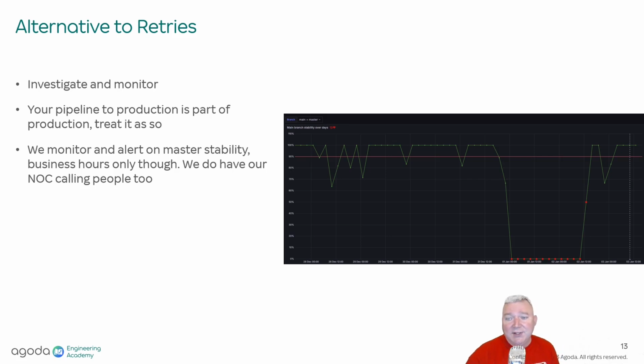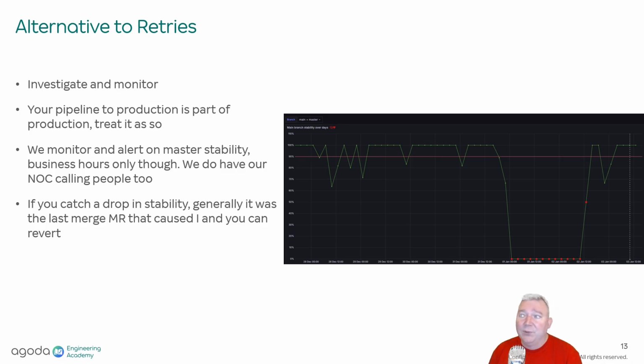You can see here, this is an example of an incident we had. This was over New Year's, but when people get back in the office, they react, they start fixing it, and things get fixed. Now, the reason that we're aggressive on this is because if you catch a stability drop, generally it was the last merged MR that caused the problem. And you can revert it, right?